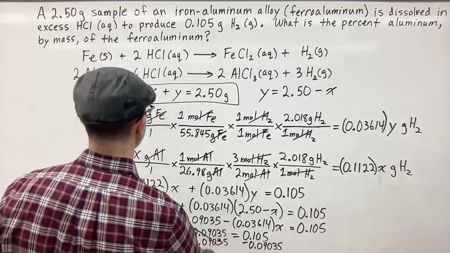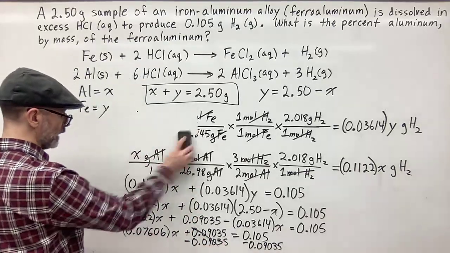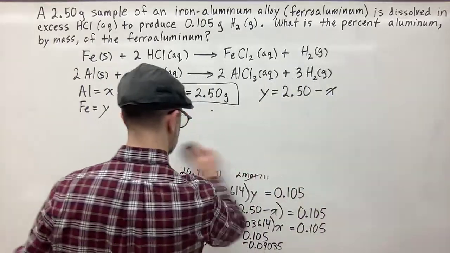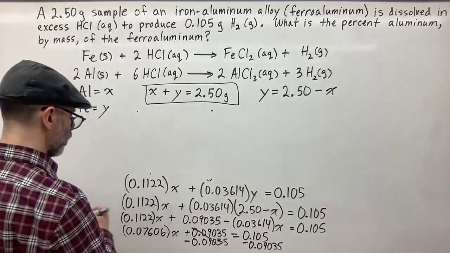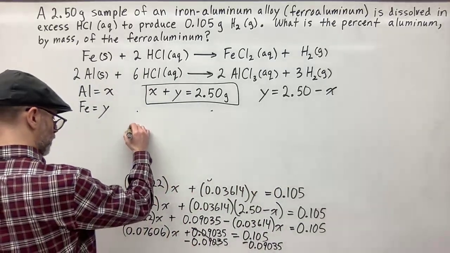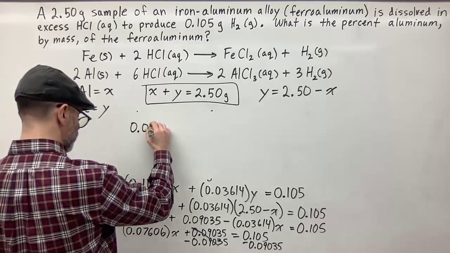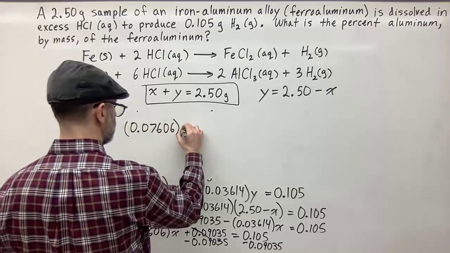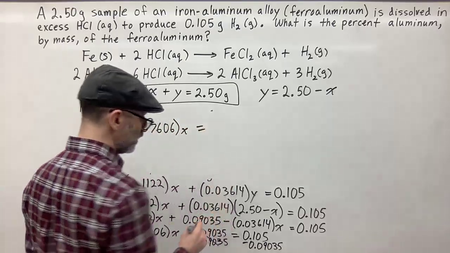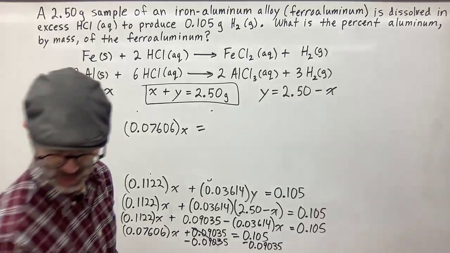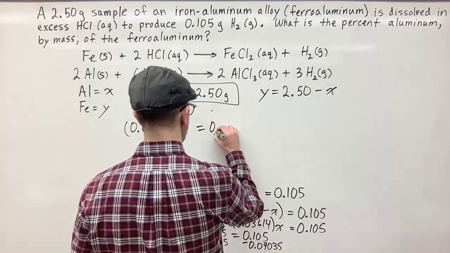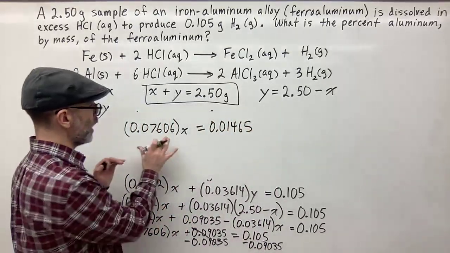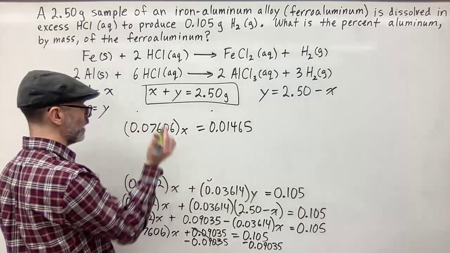So now I'm going to make some room up here since I don't need this anymore. All right, so then what I get is 0.07606 times x, and that's going to be equal to 0.01465. So now all I need to do is divide both sides by this to get x by itself, and I get my answer.